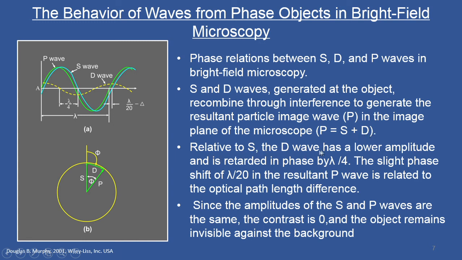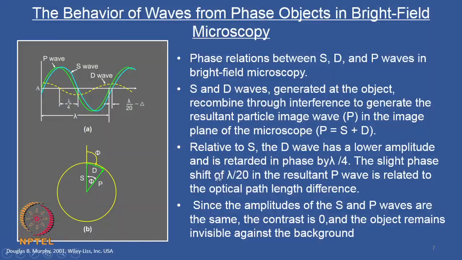Relative to S, the D wave has the lower amplitude and it is retarded in phase by lambda by 4. The slight phase shift of lambda by 20 in the resultant P wave is related to the optical path length difference. We have seen this optical path length in the introductory concepts. So, what we are now talking about is the optical path length difference of lambda by 20, lambda by 4 and so on.